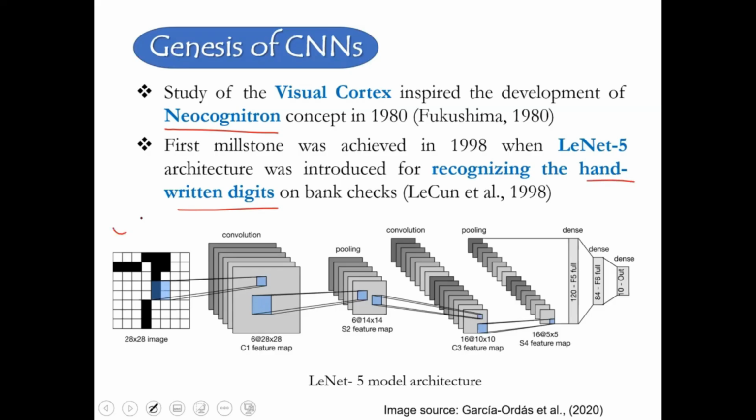This was the first breakthrough, the first convolutional neural network applied to image classification, and it showed significant results.